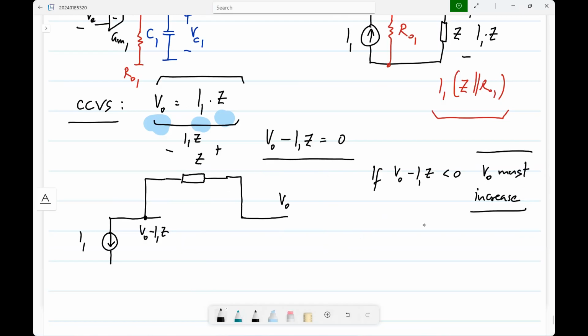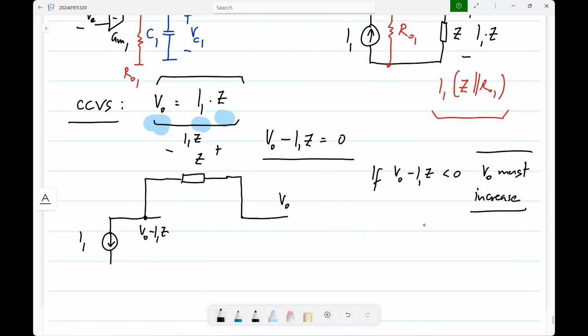So how do we do that? What do we use to drive the output? Now let's not get into transistor level details. What was the central element of the negative feedback? Integrator.